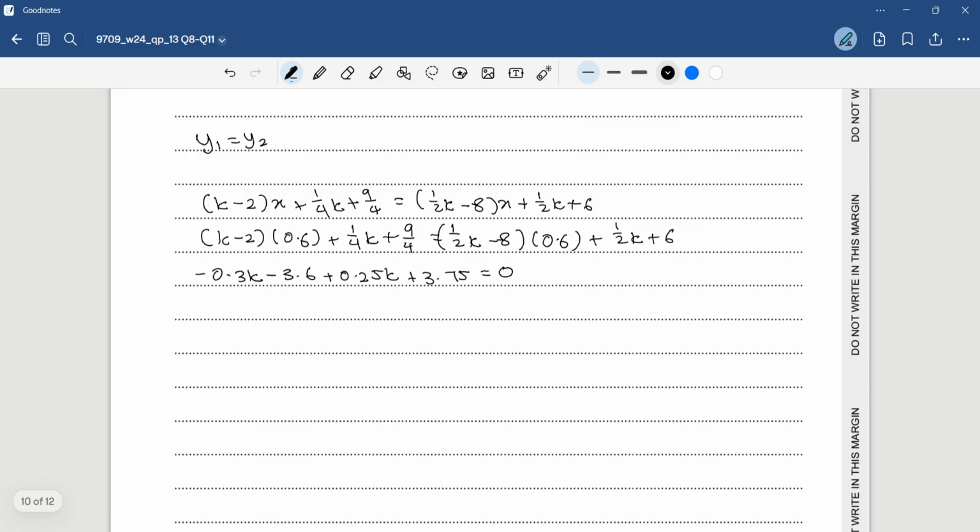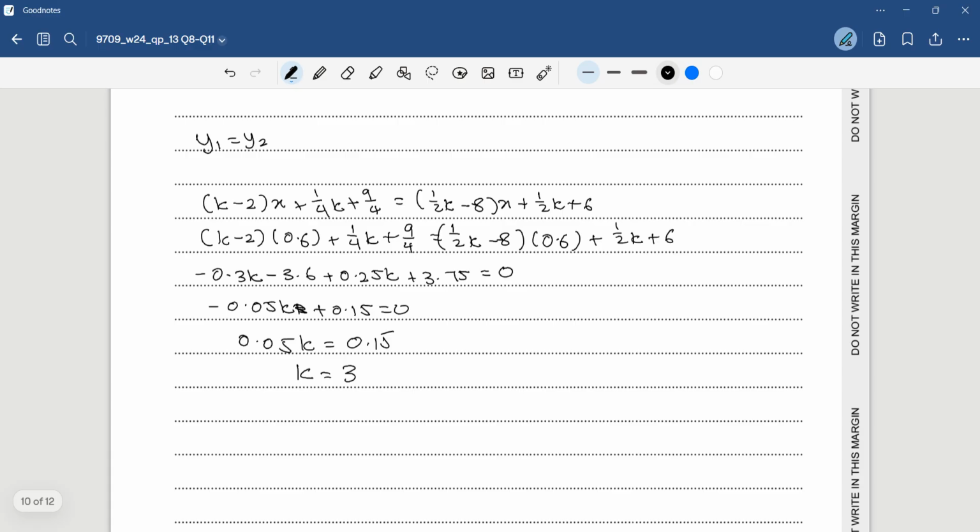So it's going to be negative 0.05k plus 0.15 equal to 0. So 0.05k equal to 0.15. Therefore, k equivalent to 3.